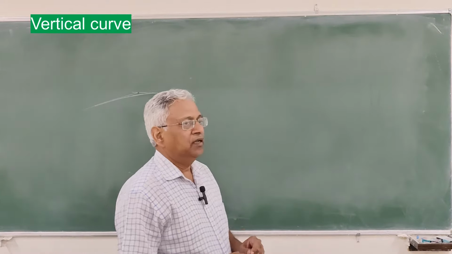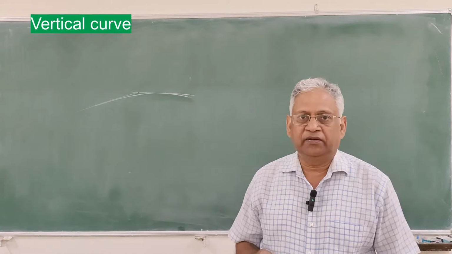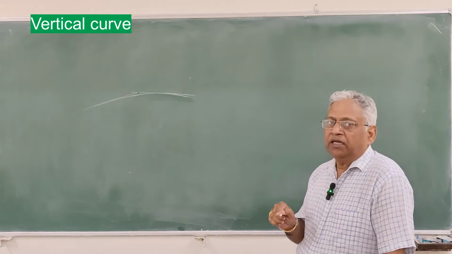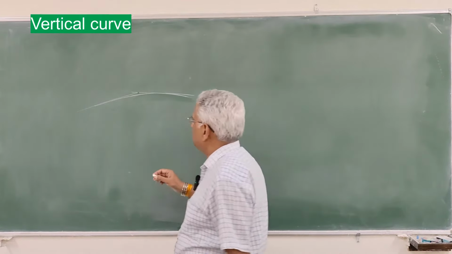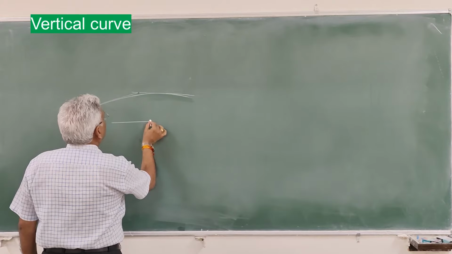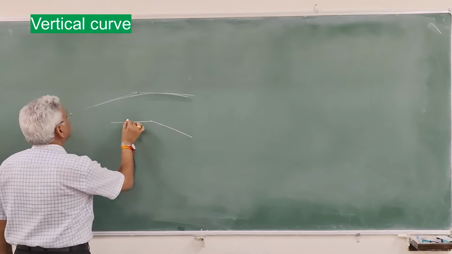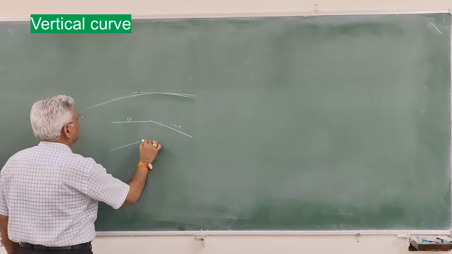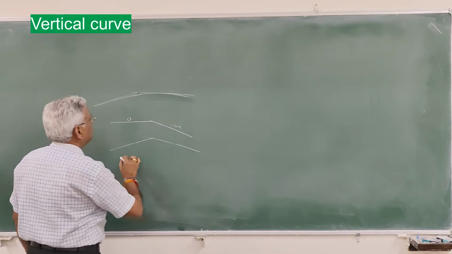And depending upon two gradients, whether positive or negative, the vertical curve can be either a summit curve. A summit curve is formed when a level track meets a falling gradient, that is zero gradient, that is negative gradient, or a rising gradient meets a falling gradient.